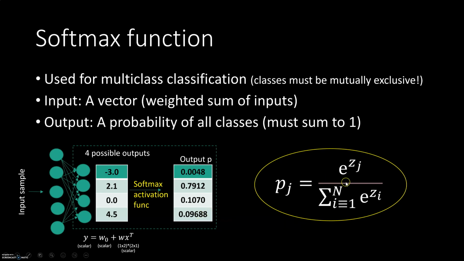Here it's actually pretty simple. It takes in the vector, where z is the vector, all of this, and then we take the exponent of each of the numbers. The reason we take the exponent is because we want to convert all of these numbers to positive numbers.